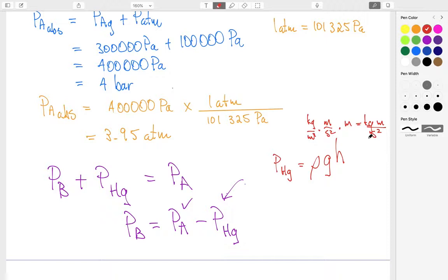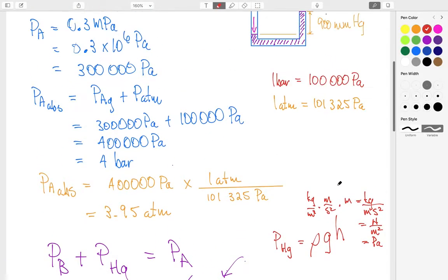Excuse me, let me restate that. I said that backwards. I got my meter in the wrong place. Kilograms over meters a second squared. That's equivalent to newtons over square meters, which is the same as pascals. Okay, so we know that this is a pressure unit.